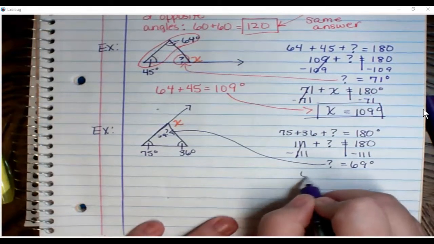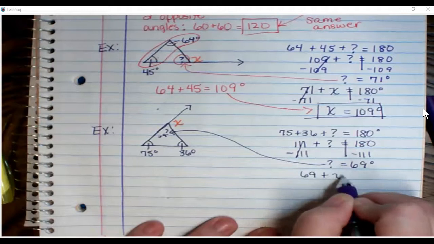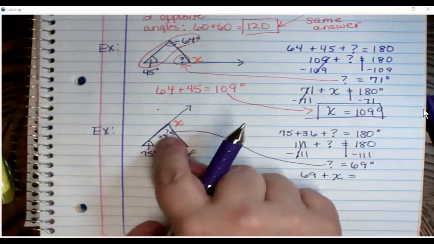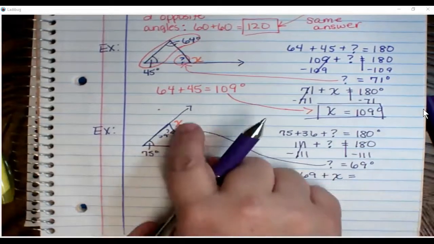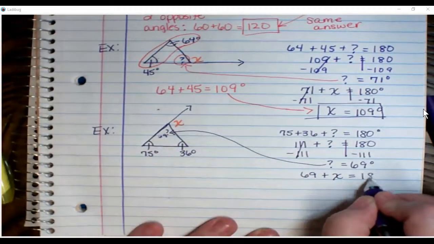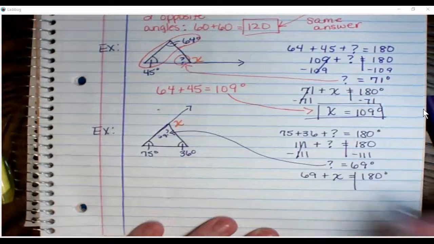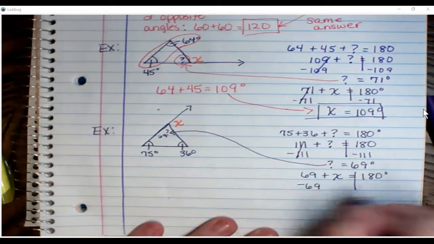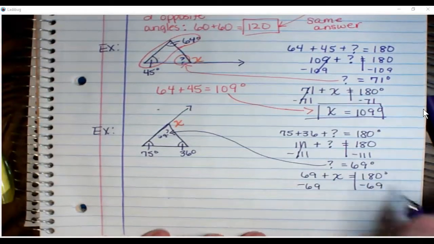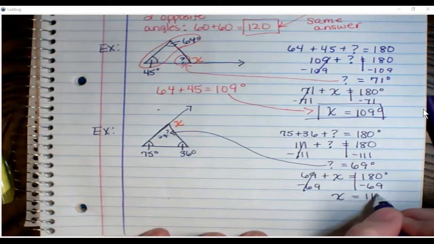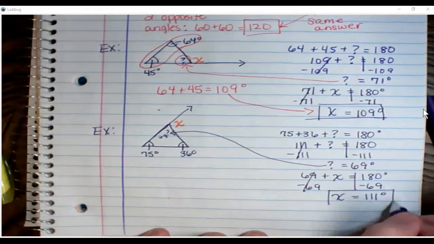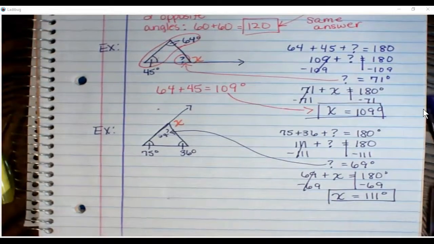So now I can say 69 plus x, this angle plus this angle, has to equal 180. Subtract 69 from both sides. x is equal to 111 degrees. So the value of x is 111.